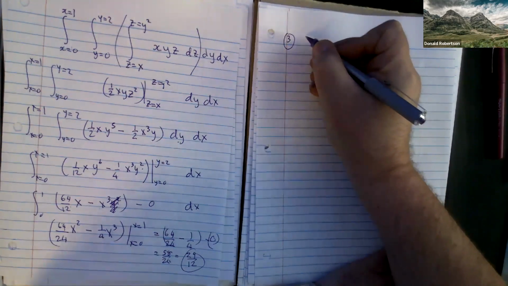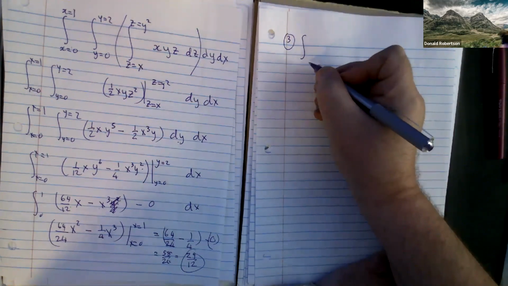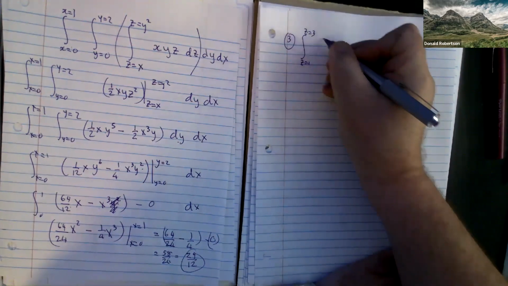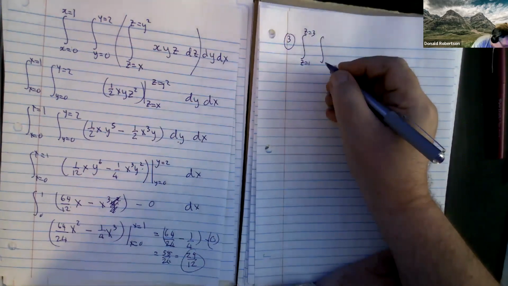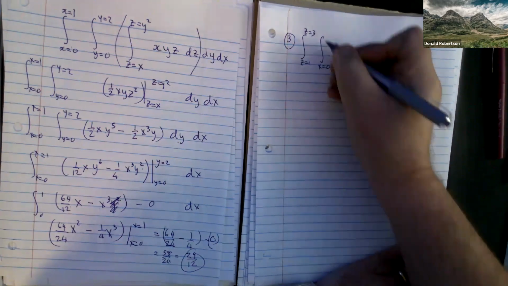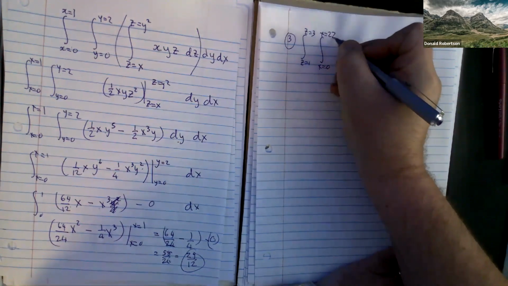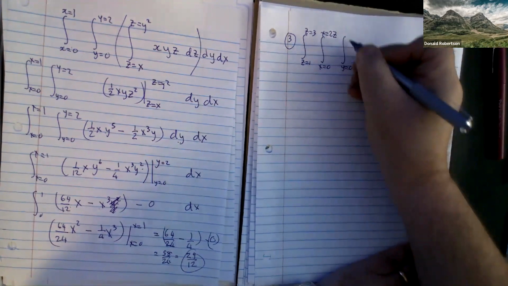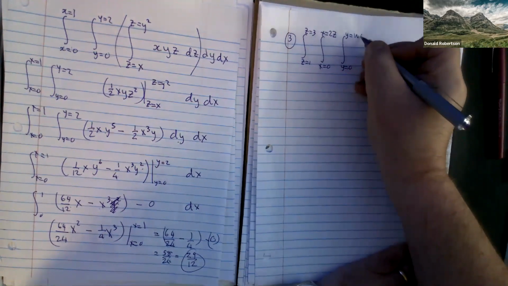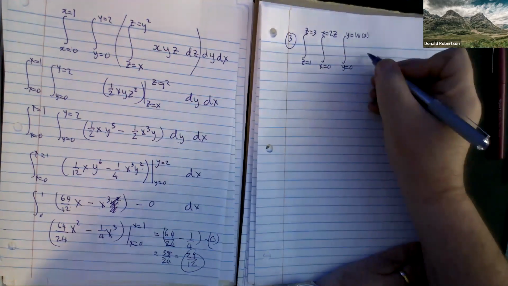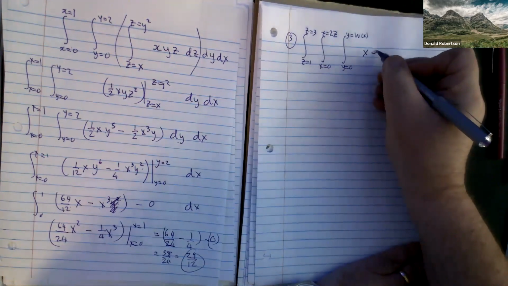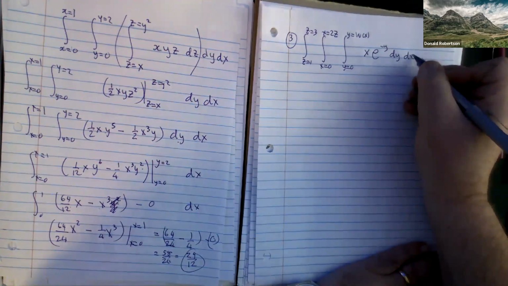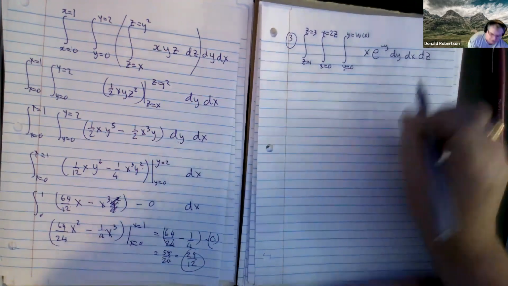And the triple integral this time is z equals 1 to 3, x equals 0 to 2z, and y equals 0 to the natural log of x. And the function is x e to the negative y dy dx dz.